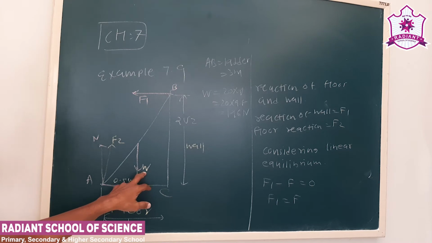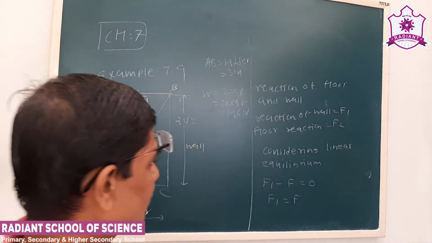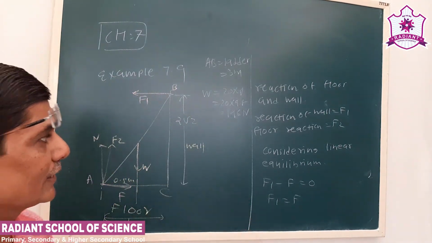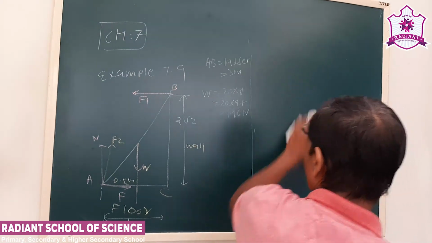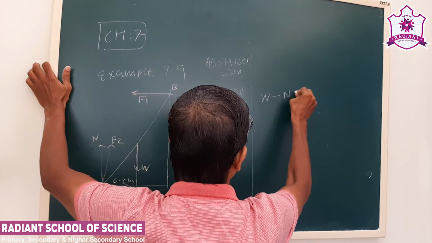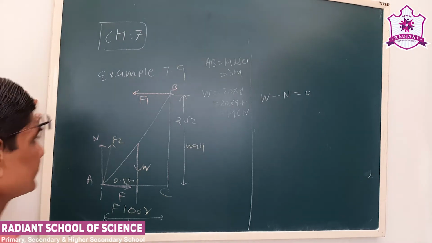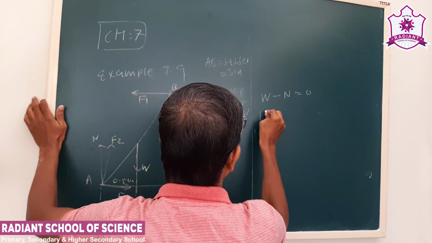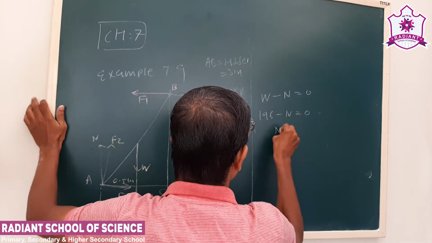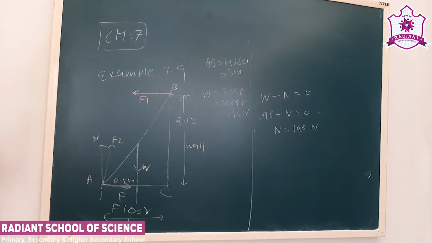The weight of the ladder will be in the downward direction, and the normal reaction at the one end of the ladder, let us say N, is upward. So the weight of the ladder in the downward direction minus N, the normal reaction, is 0. The weight is 196, so 196 minus N is 0, so N becomes 196. That is the normal reaction.